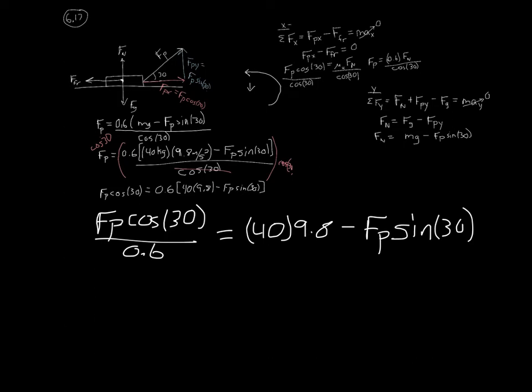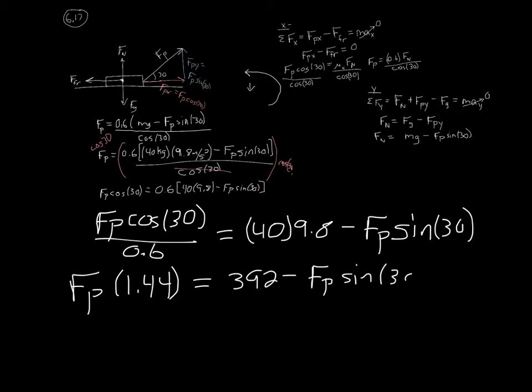Here we need to get interactive. Somebody tell me, what is cosine of 30 divided by 0.6? 1.44. Fp times 1.44. That 1.44 was dividing the cosine 30 by 0.6. Equals, what's 40 times 9.8? 392 minus Fp times sine of 30.